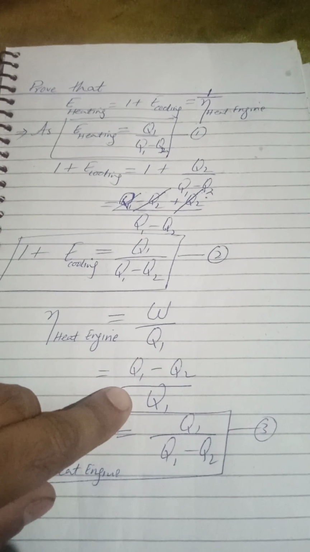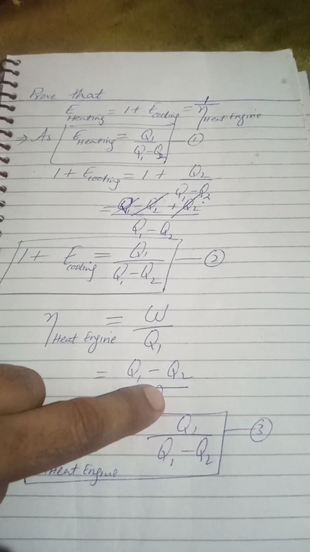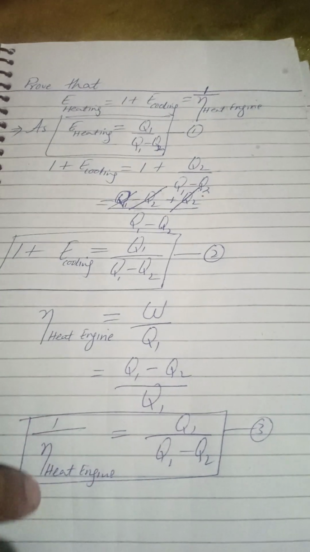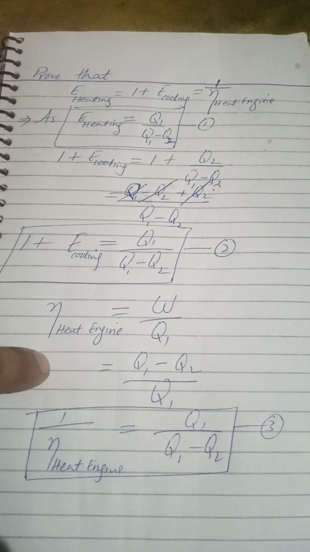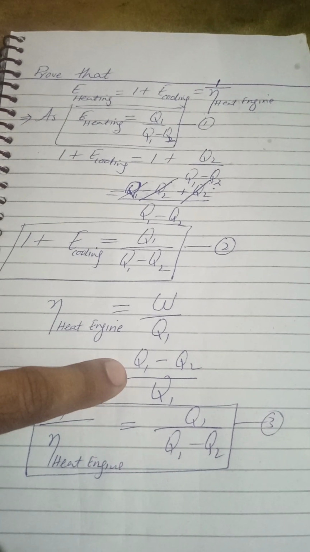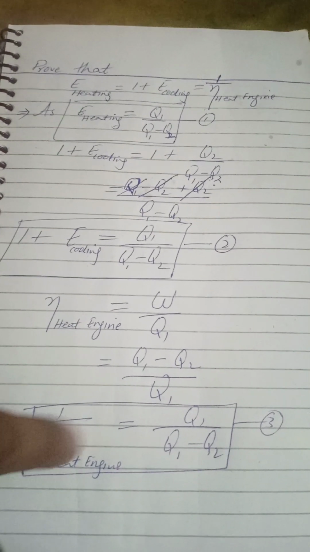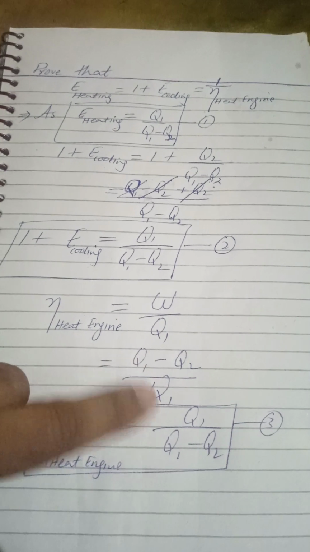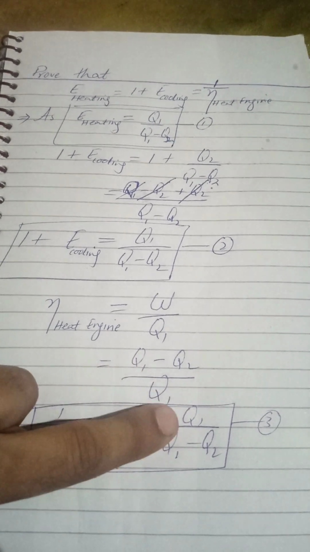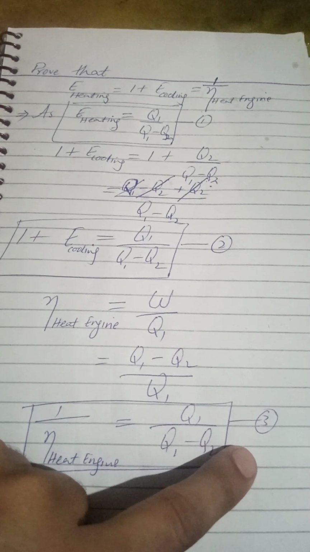For a heat engine, we define work as Q1 minus Q2. If we take the inverse on the left side as well as the right side, we get 1 over efficiency eta equal to Q1 over Q1 minus Q2, which is termed equation 3.